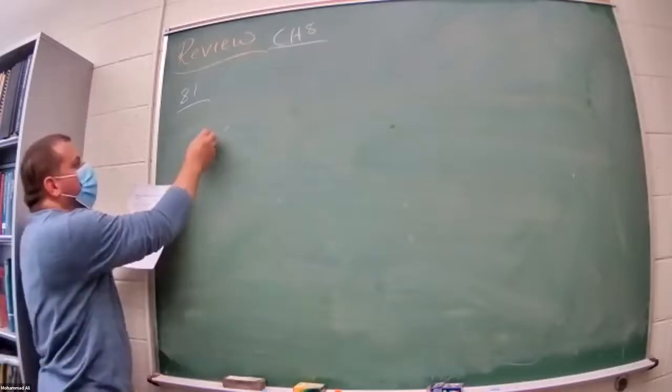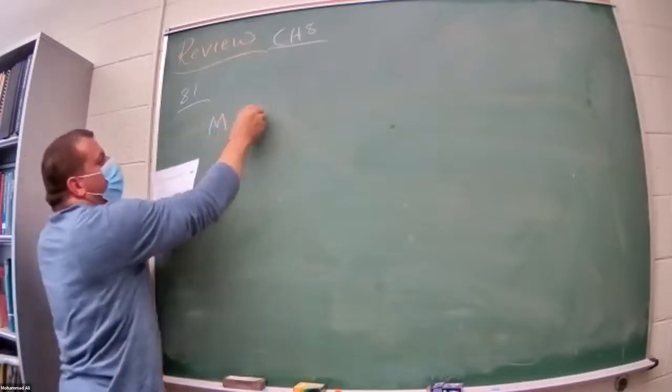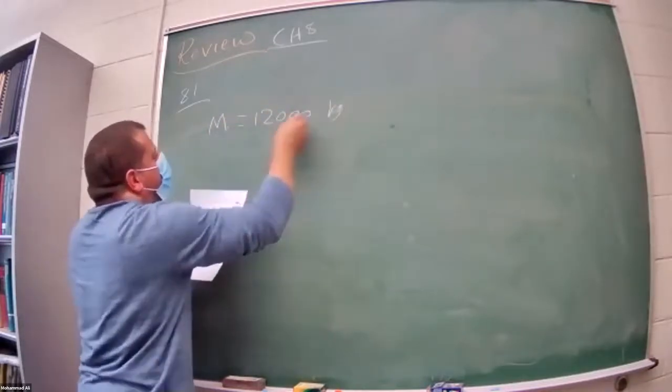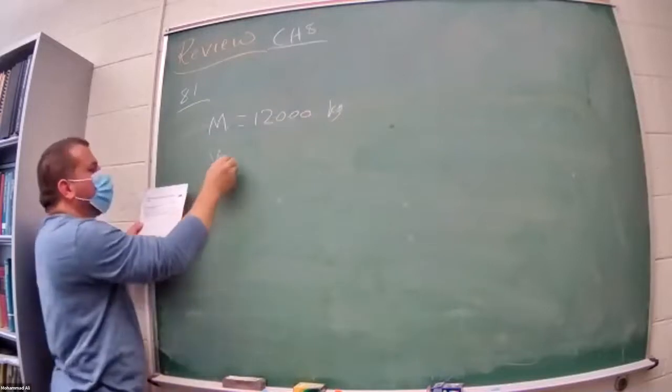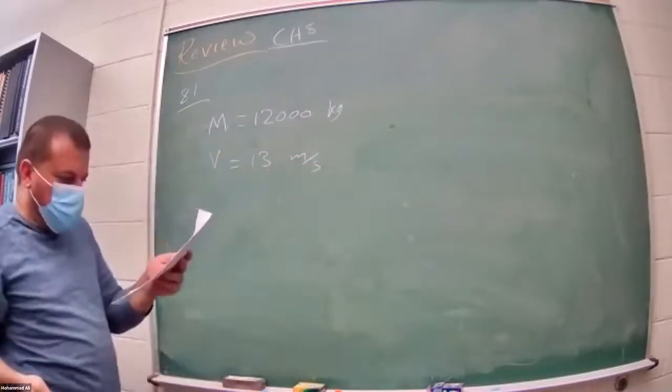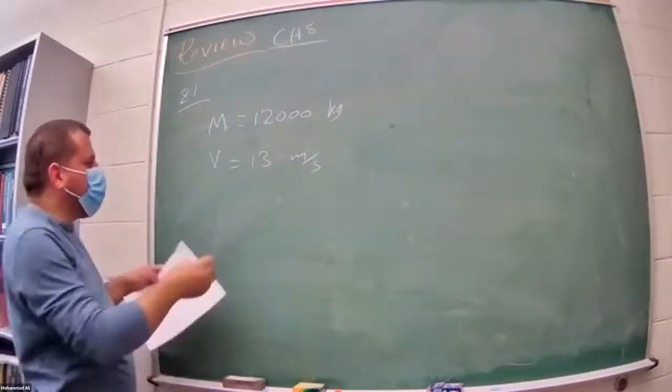If we have a mass equal to 12,000 kilograms, and its velocity is equal to 13 meters per second, we need simply to find the momentum.